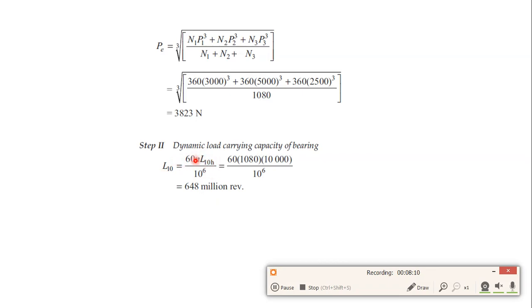This small n is actually the summation of these rpms, so 1080. From the relation of C, P and L10, we get the value of dynamic load capacity like this. This is how you are required to solve this kind of example. Once you have this dynamic load capacity, you can search in the manufacturer's catalog likewise.